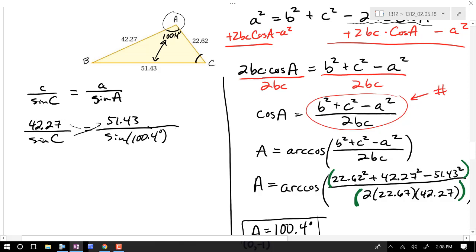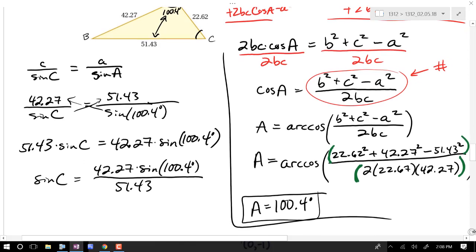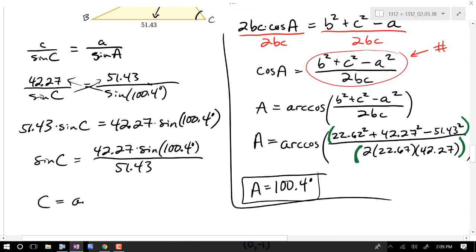Little cross product, and dividing through by 51.43 tells us that sine of C is equal to this fraction. And so we just take arcsine.